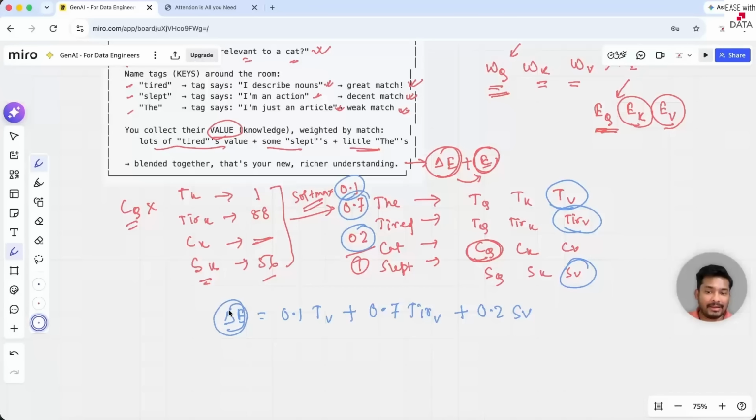Whatever I get, I'm going to add to the embedding to make it more context aware. So now you know how this whole thing is calculated, and this is from one head.